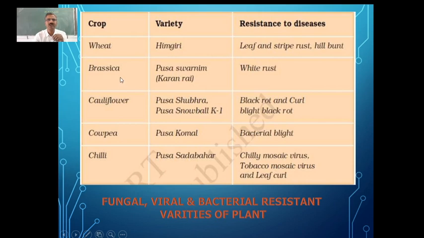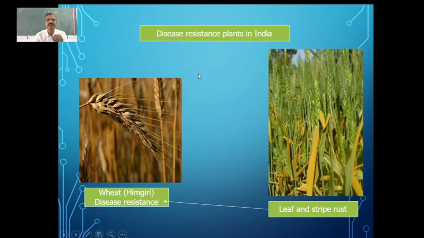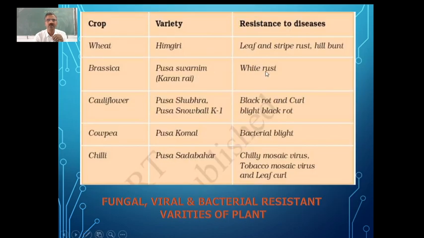Brassica, which is nothing but mustard, we have. Pusa Swarnim is the variety which has been developed against white rust. You can just have a look at this table. Cauliflower, cowpea and also chili, for those we have different varieties which have been developed by our scientists.